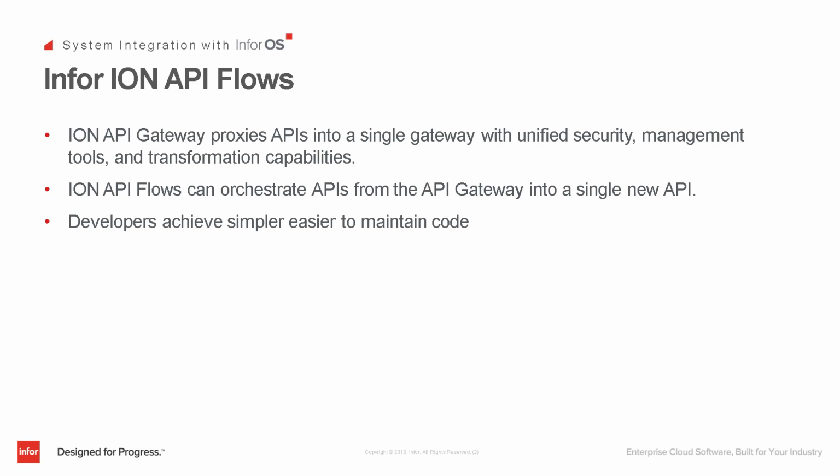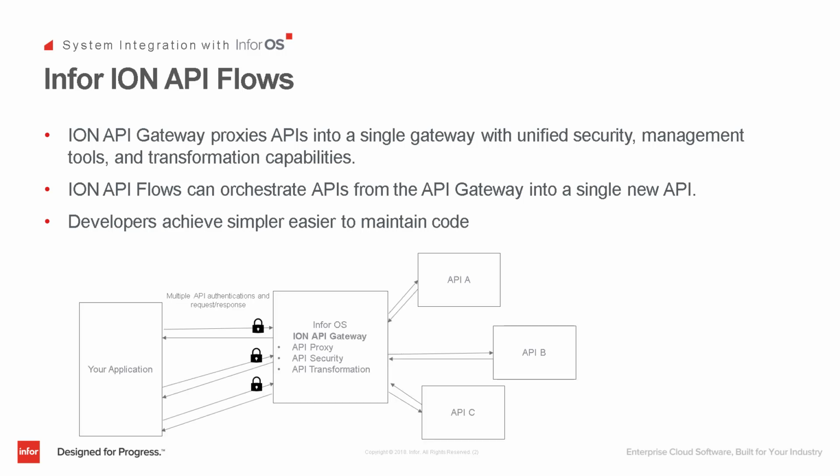And you'd want to do this because you're trying to achieve simpler and easier code to maintain from your developers. So for example, if the application you're building has to connect to 3 APIs, then it's possible that your application will have to make 3 individual request response calls to the API gateway, as well as authenticate 3 different times.